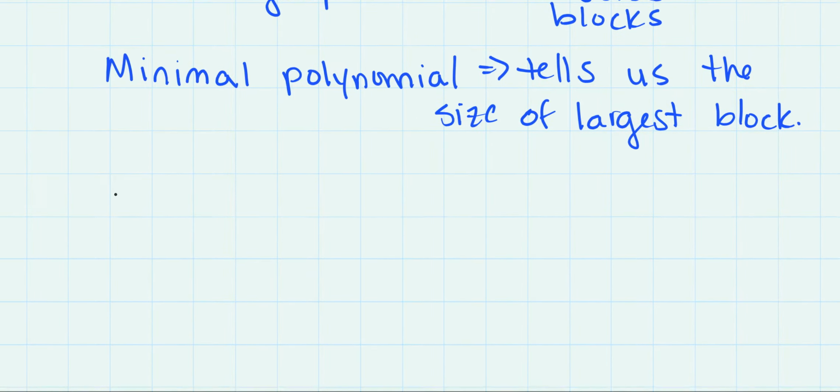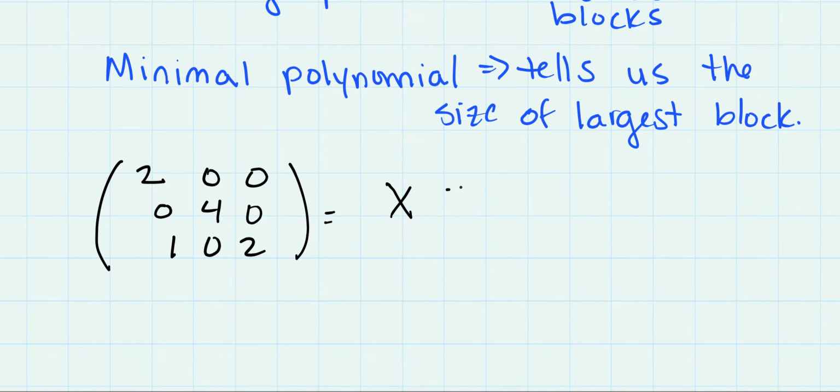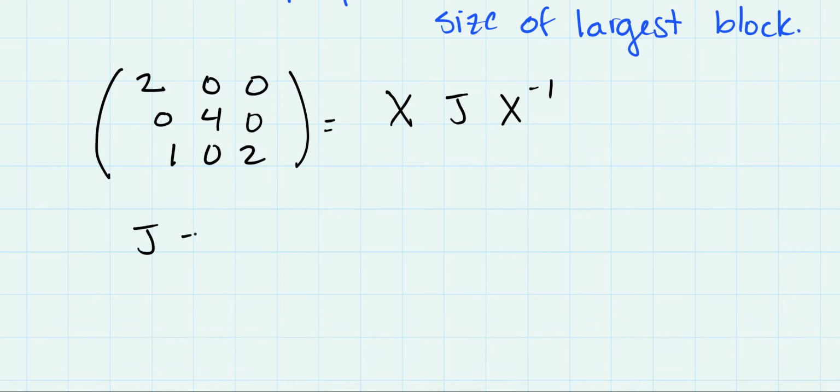Okay. So let me tell you all the possibilities for this Jordan normal form. So our matrix originally was 2, 0, 0, 0, 4, 0, 1, 0, 2. And we're going to write it like this, where J has the eigenvalues on the diagonal.